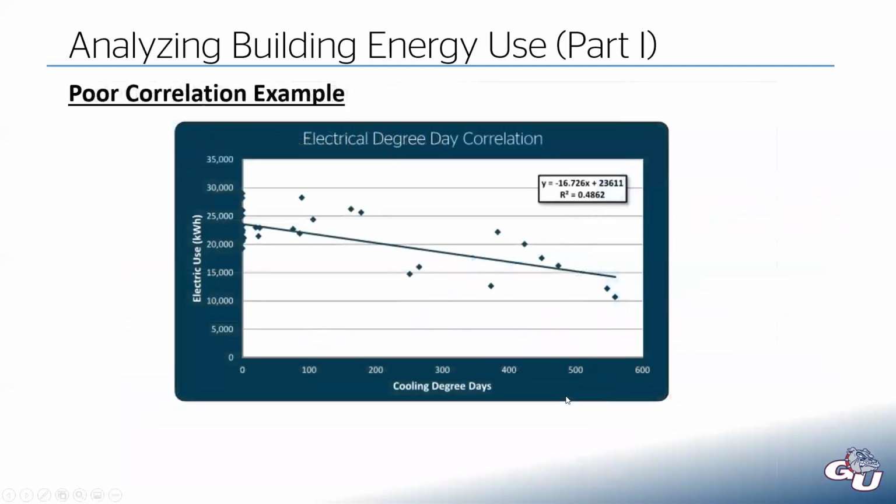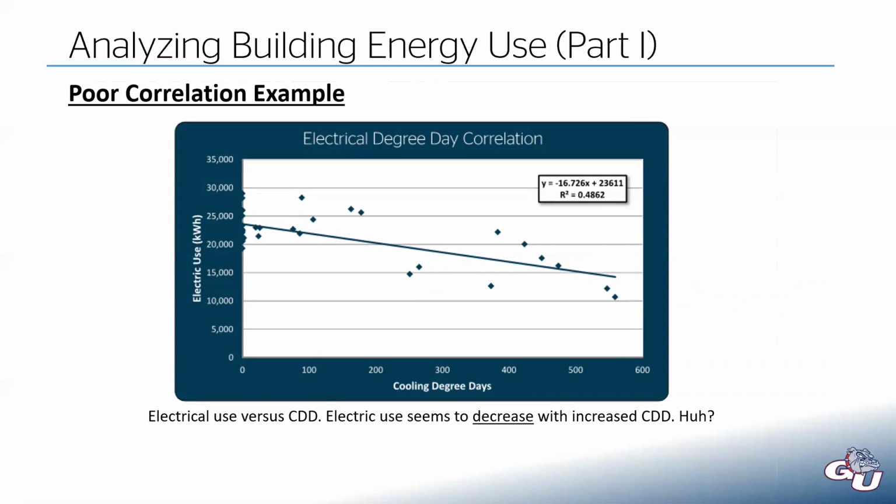An example of poor correlation. So in this case, you can see that the electric use is kind of all over the place with regard to cooling degree days. And the odd thing is the electric use actually goes down with our increased cooling degree days. So as it gets warmer outside, our electric use goes down.